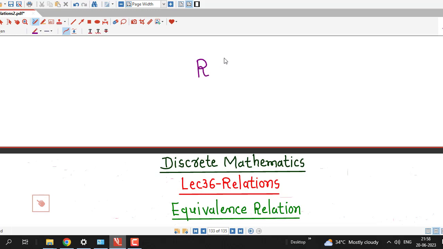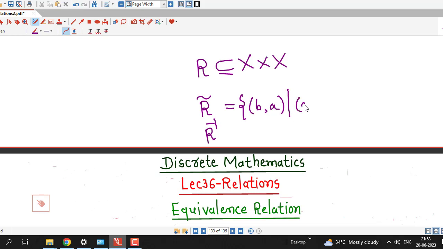Suppose R is a relation on a set X, that is, R is a subset of X cross X. Then the converse of R is denoted by R tilde or R inverse, and is defined as the set of all ordered pairs (B, A) such that the ordered pair (A, B) is a member of relation R. In short, the converse of relation R is obtained by interchanging the order of components in each ordered pair of the given relation.